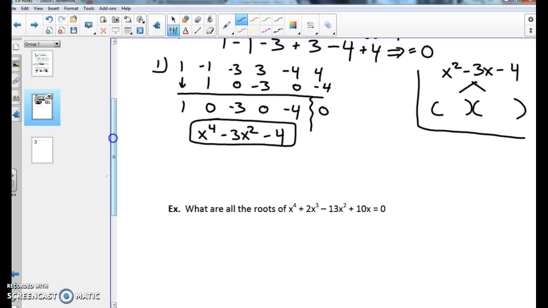You can probably figure out pretty quickly that this is x minus 4 times x plus 1. So we're going to take that same approach here, except instead of it just being x and x, it's going to be x squared minus 4 and x squared plus 1.